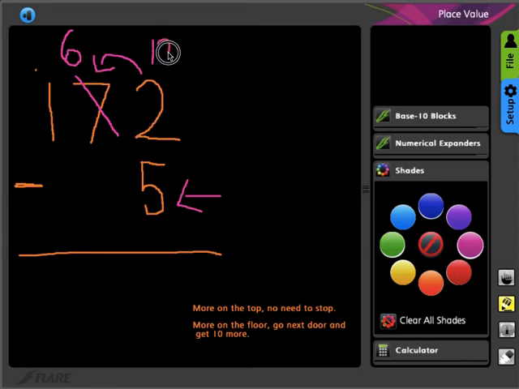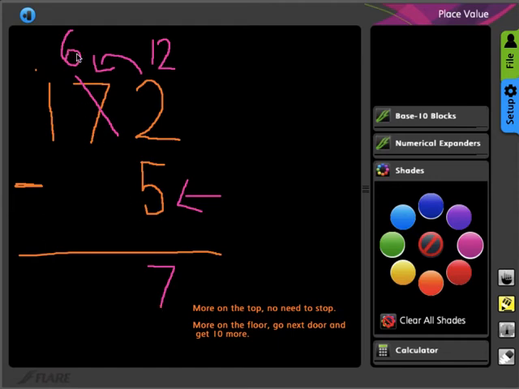So 10 plus 2 is 12. My new equation in my ones column is 12 take away 5. What is 12 take away 5? Twelve take away 5 is 7.